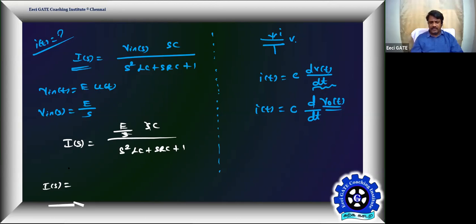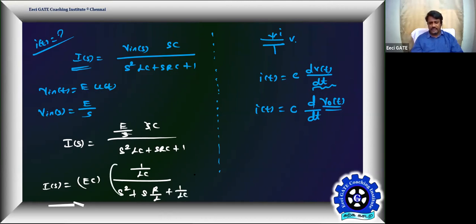S is getting cancelled, dividing by LC. What is remaining in the numerator? E times C, right? So keep E times C common, then divide numerator by LC, and the denominator also by LC, then s² plus s times R/L plus 1/LC.